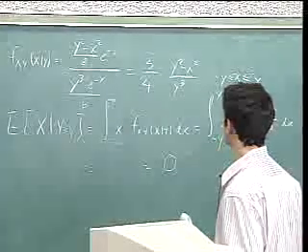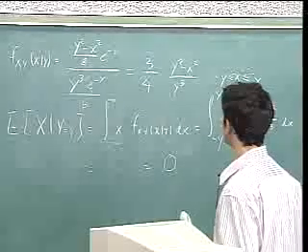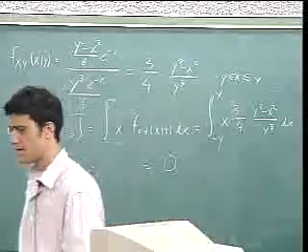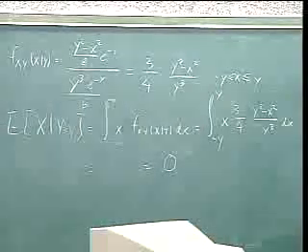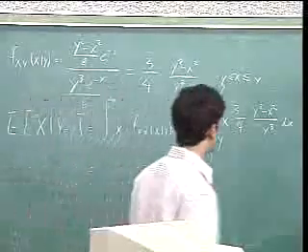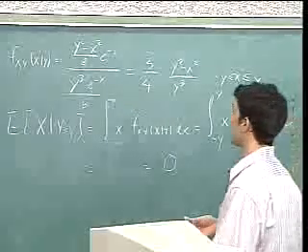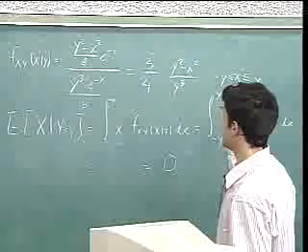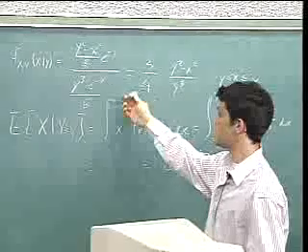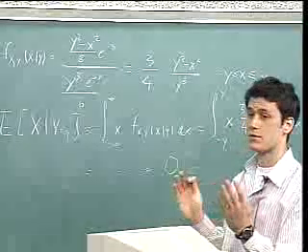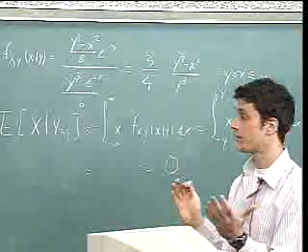Another reason, and this is mentioned in the solutions as well, why this would have an expectation of 0, is that you notice that this PDF is symmetric about the point 0.